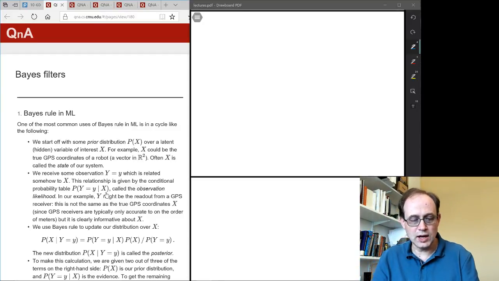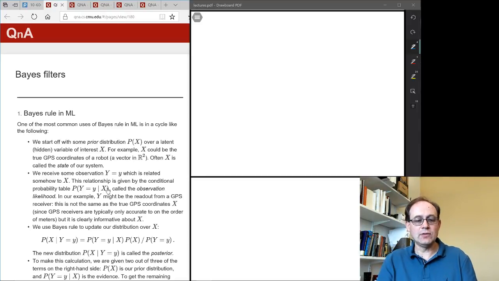So this is now a one-dimensional table whose argument is x, and it's called the observation likelihood. As a reminder, because x is on the right side of the conditioning bar, this doesn't sum to 1 over x. This is not a probability distribution. If we had fixed x and we're varying y, that would be a probability distribution.